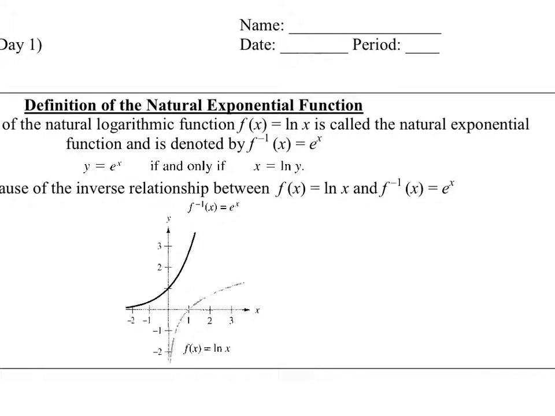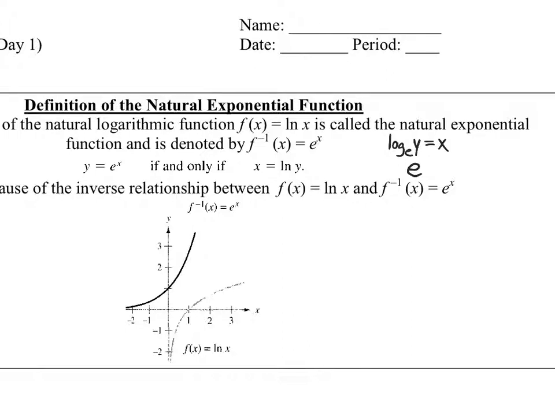You guys know that the natural log is a log base e. And when I have the log base e of something, in this case y, if that equals x, then we saw back in pre-calculus how we could rewrite that where the base of the logarithm becomes the base of the exponent.